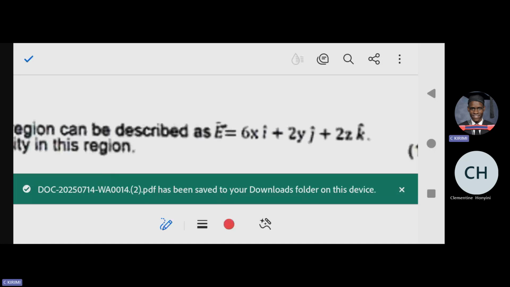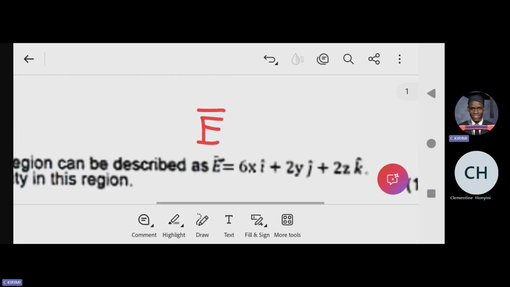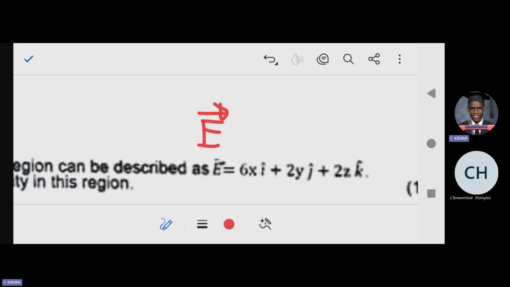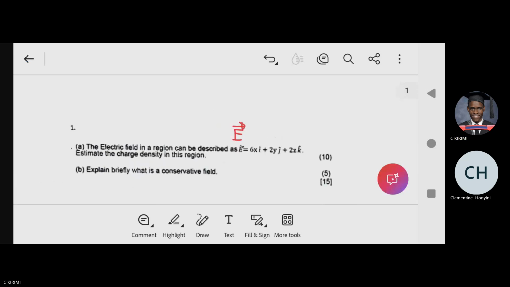So E is a vector, not a scalar. The electric field E is a vector, having components in X, Y, and Z, like what we were doing yesterday in classical mechanics.